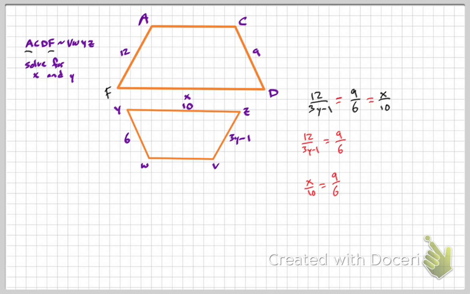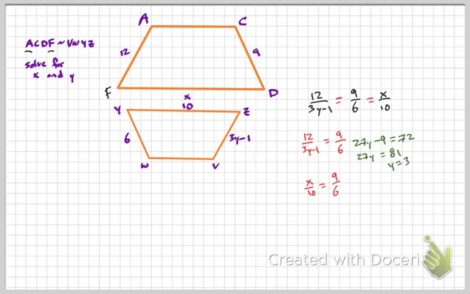So what I can do now is I can do 9 times 3, which is 27y, minus 9 equals 12 times 6, which is 72. Add the 9 to both sides, 27y equals 81. 81 divided by 27 is 3, so y equals 3.